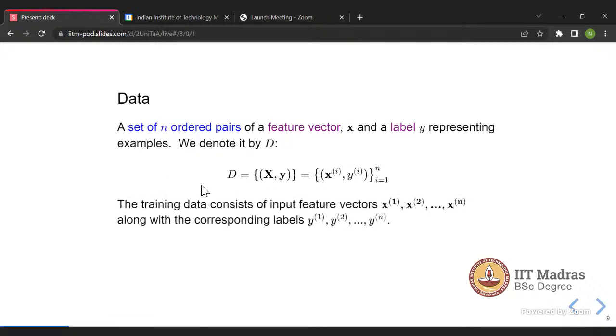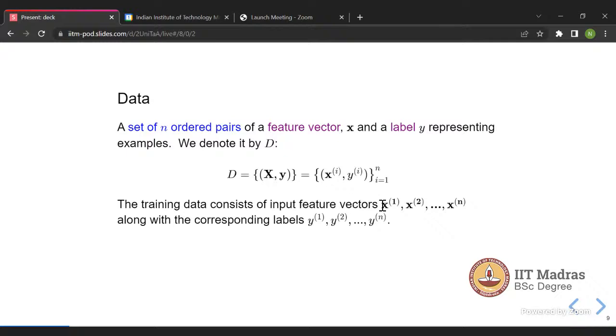So as usual, X is the data matrix of size n by m, where m is the number of features and n is the number of examples. And this is the ith example, a vector of size m. And this is the label associated with the ith example.